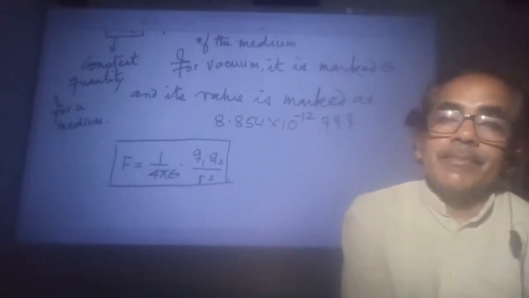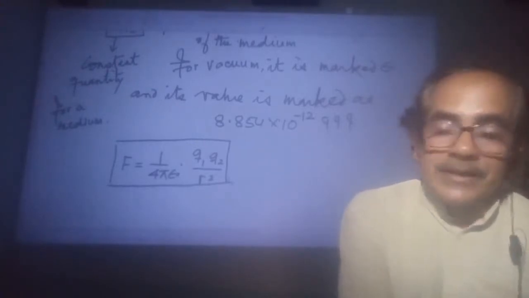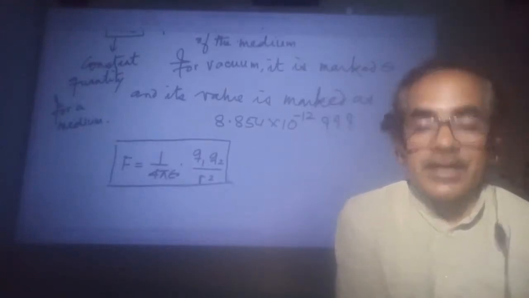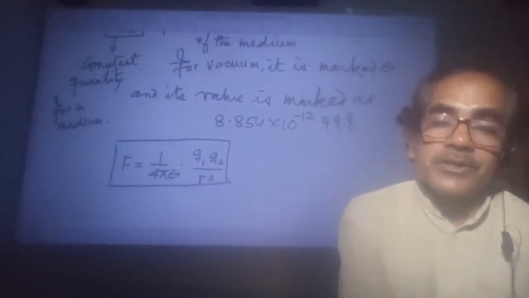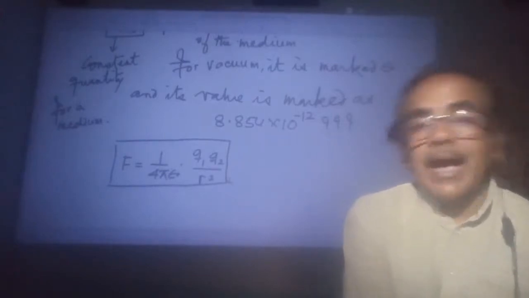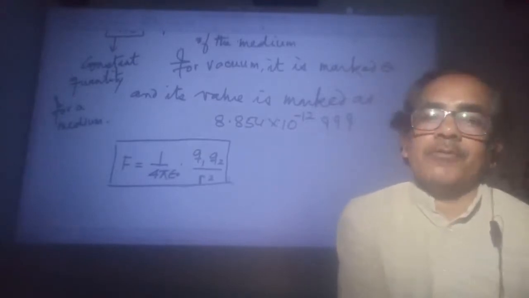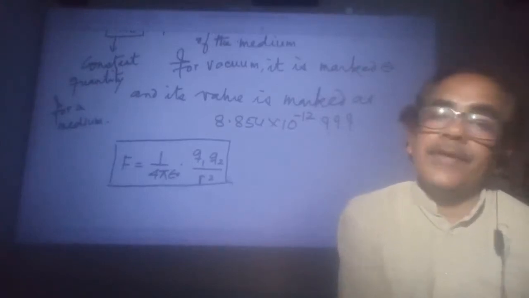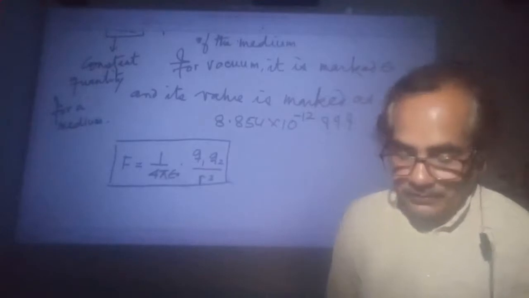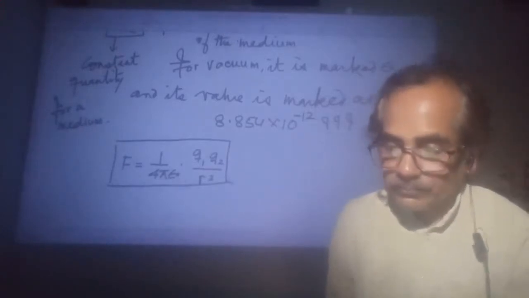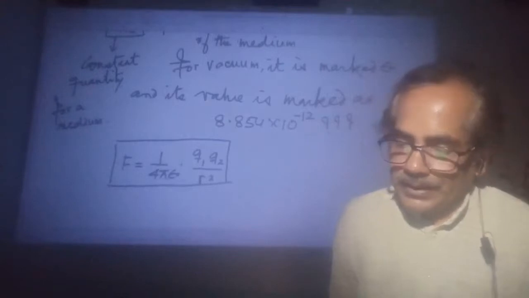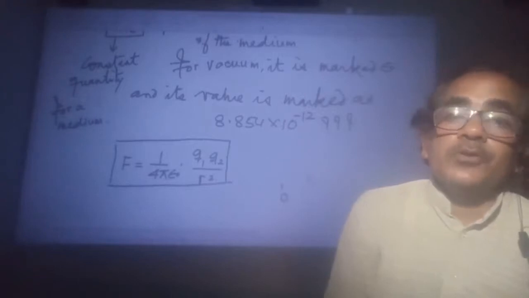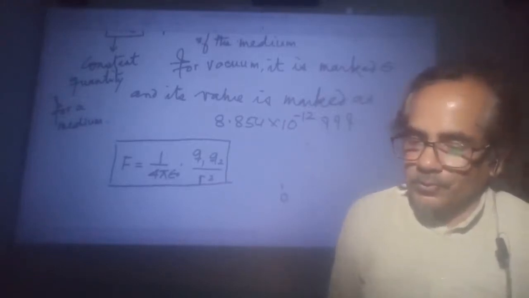And for that, in vector notation, in vector form, you have to tell the position of charge Q1 and the position of charge Q2, and accordingly the line of action of the two charges can be determined, and then the final direction of the force can be told. For example, let us consider this is the origin, the reference point with respect to which you are talking about the position of the two point charges.